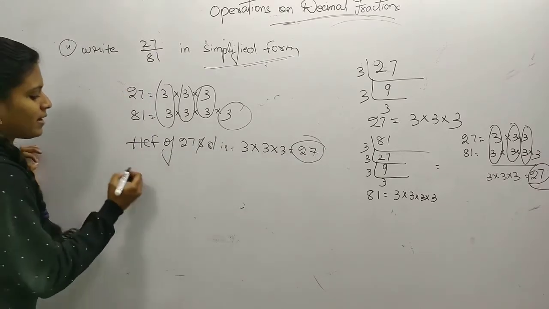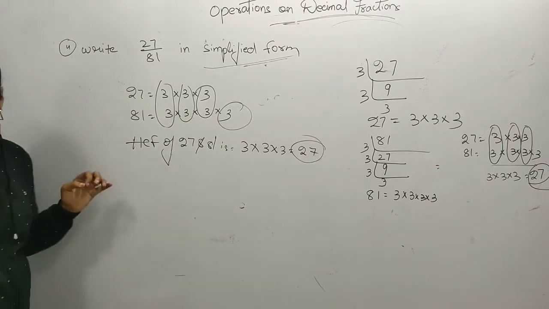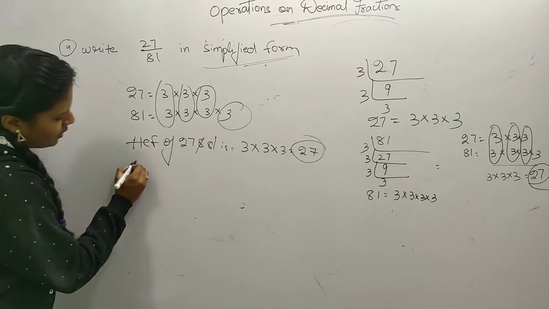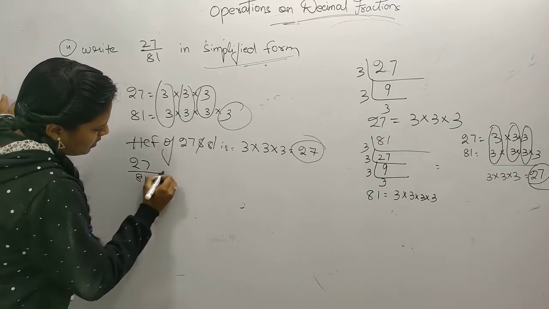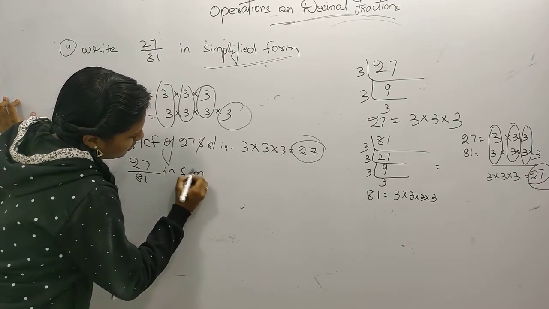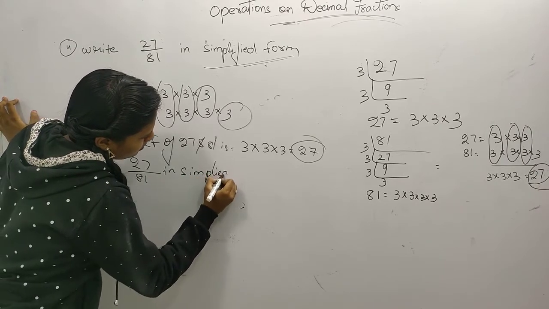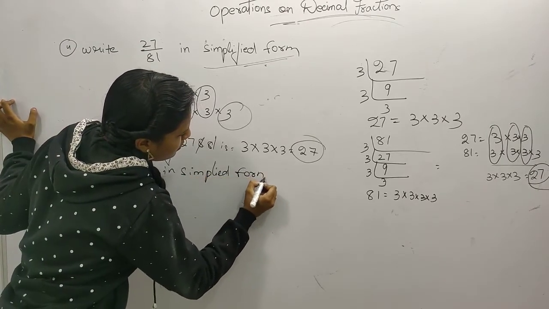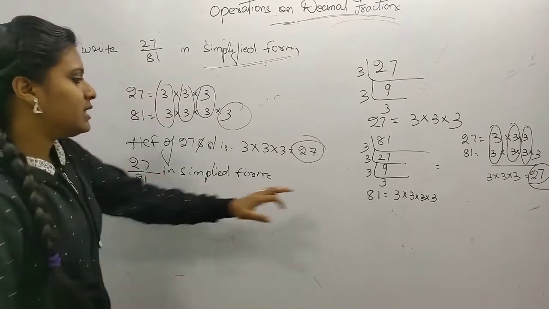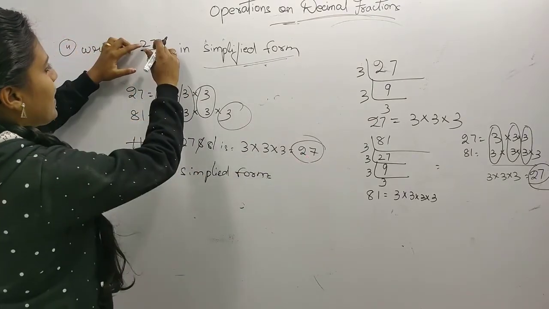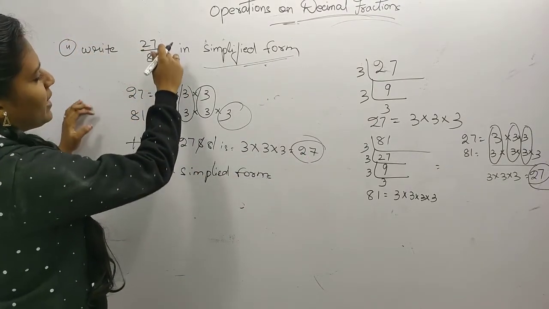Now we have to simplify. Means how will we do it? Just take 27 by 81 in simplified form. Now this 27 divides both numerator and denominator.